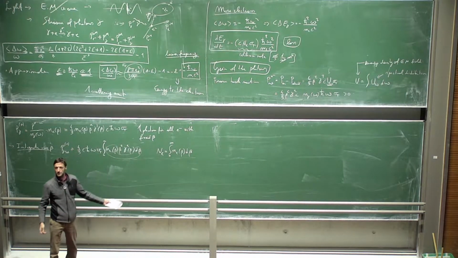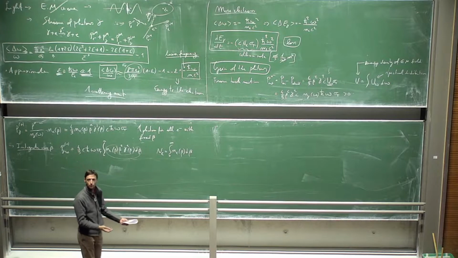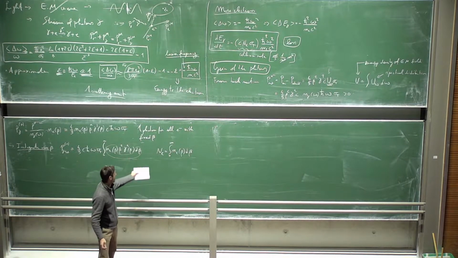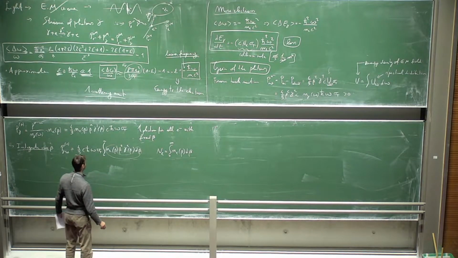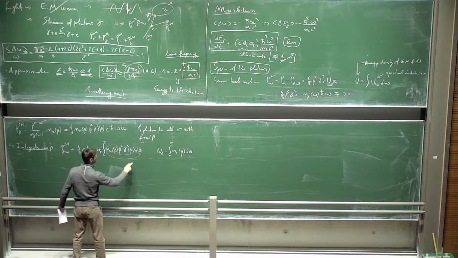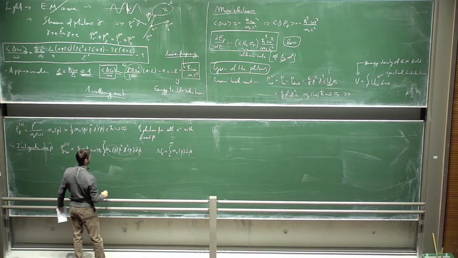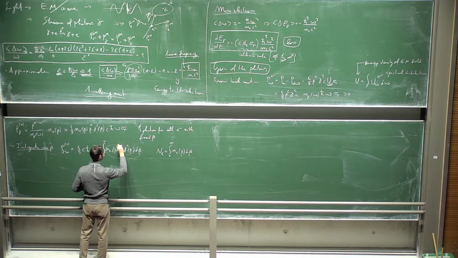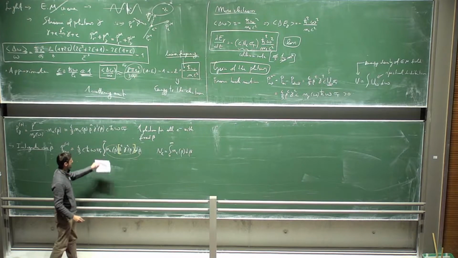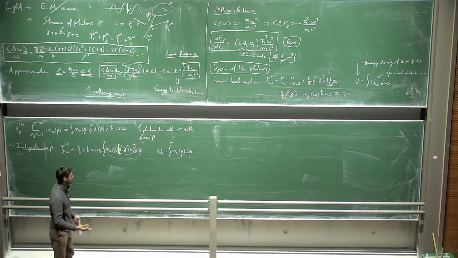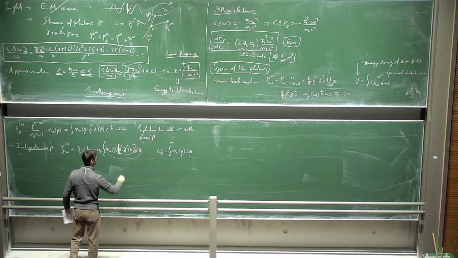I have a number density of electrons as a function of beta. I integrate over all beta. I get the total number density of electrons. So you see I have a distribution that is normalized in this way times a function which is this one. So I can relate this quantity to the average of this function, which is beta squared gamma squared.